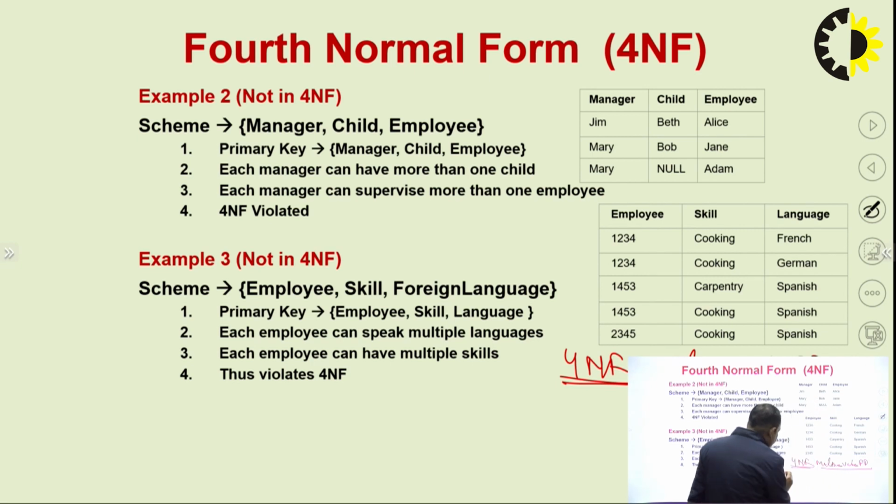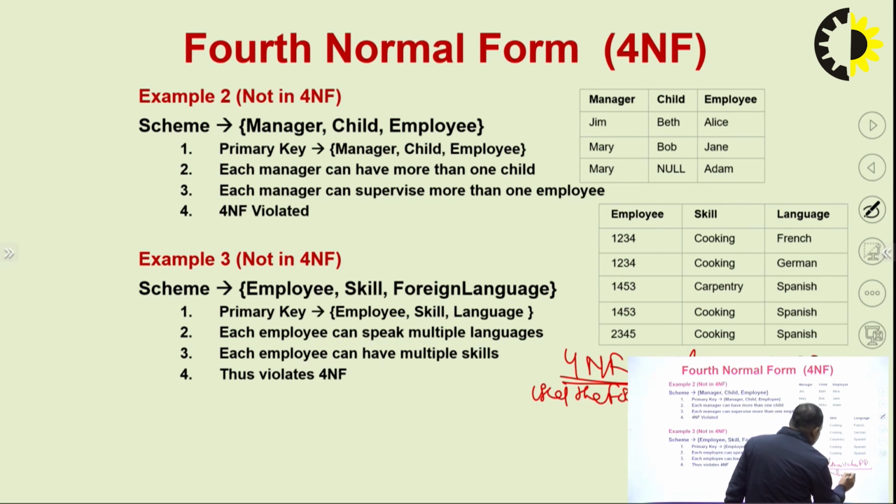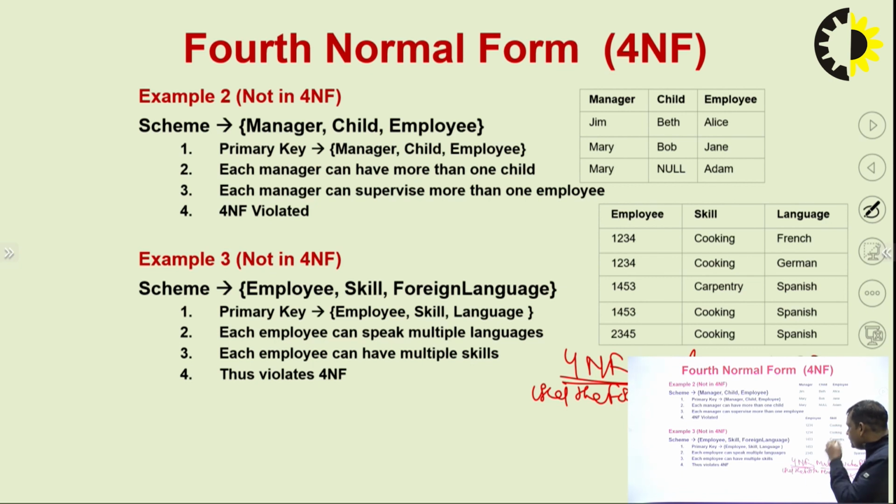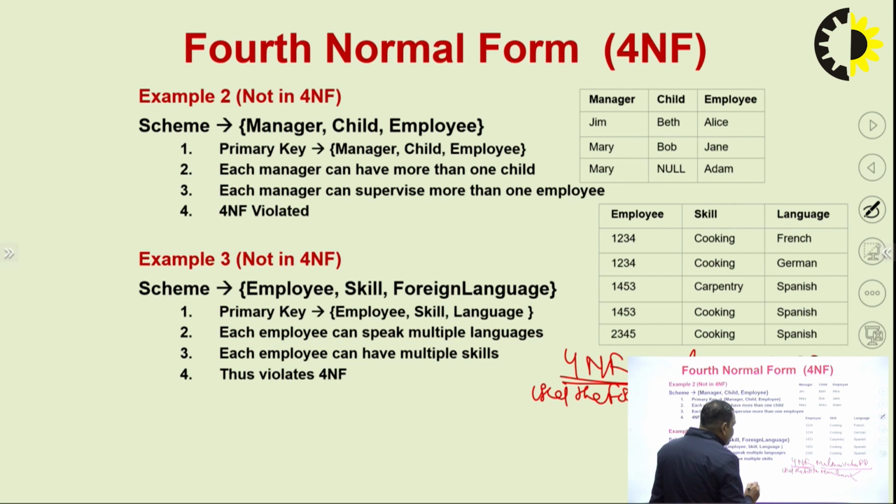Use the multi-value functional dependency for fourth normal form. Multi-value functional dependency is of two types: first, trivial, and second, non-trivial.